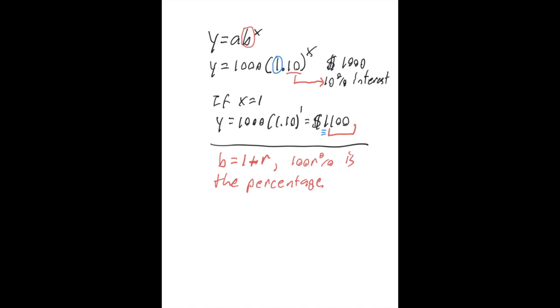In our example with the 10% interest, r was 0.1. 1.10 is our b, the 0.10 is the r. So if, as in a previous example, b is 1.10, r is 0.10, and 100r percent would be 10%.